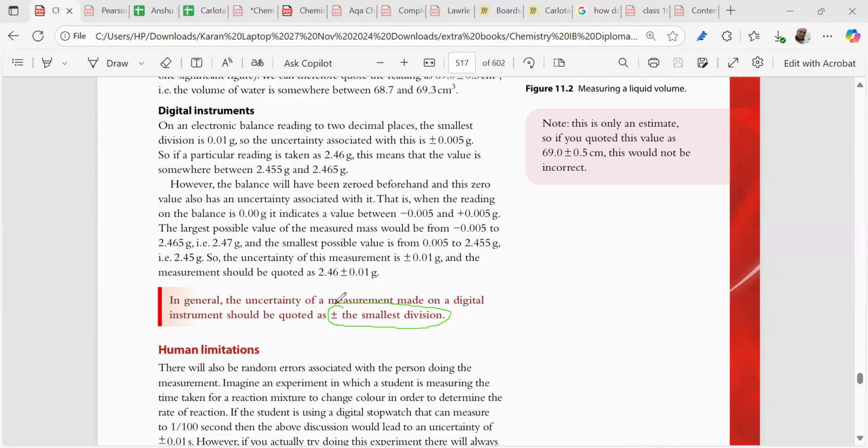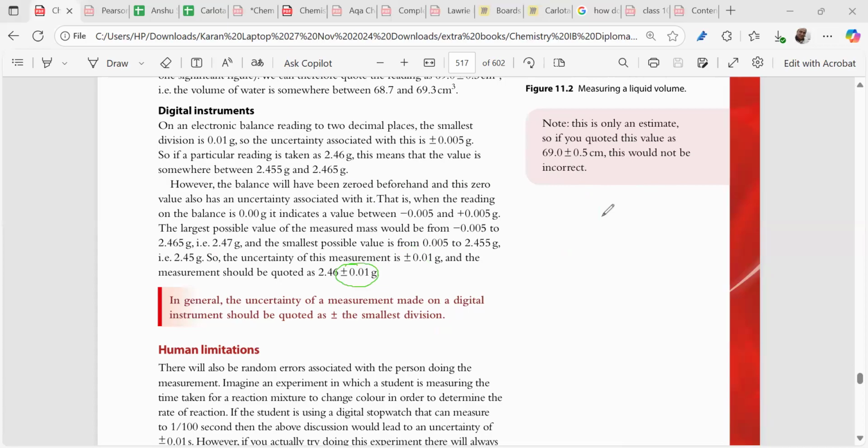Is it clear to you? You started with zero, tared it, plus minus 0.005. Now you weigh something, suppose it's 2.45 plus minus 0.005. If you add these two, you get plus minus 0.01. So in general, the uncertainty of the measurement will be the smallest division of the digital instrument.